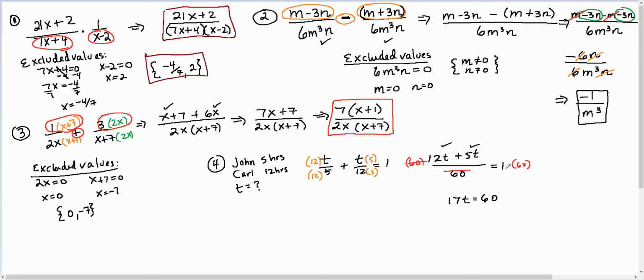That's going to cancel, and the 60 will be on the right side. And we're going to divide both sides by 17. Okay, give me 1 second. And the answer is going to be 3.5. I think it's either 2 or 3. Probably 3. 3.53 hours.